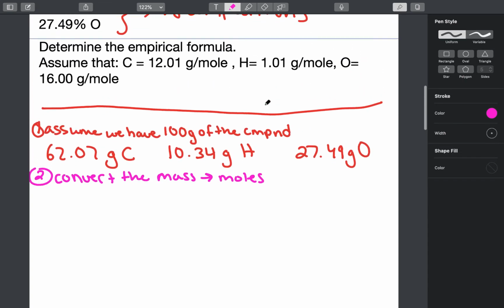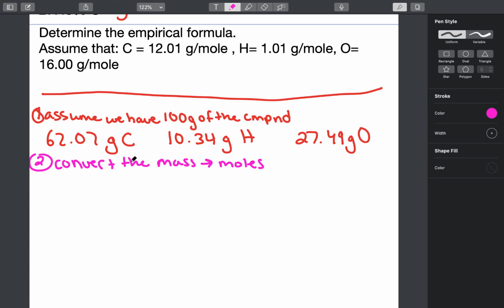So the first one that we're going to do is carbon, because we have this first. In order to convert this to moles, you take 62.07 grams of carbon times 1 over 12.01 grams, because this is the molar mass. So let's put moles here. So there are 12.01 grams per mole of carbon.